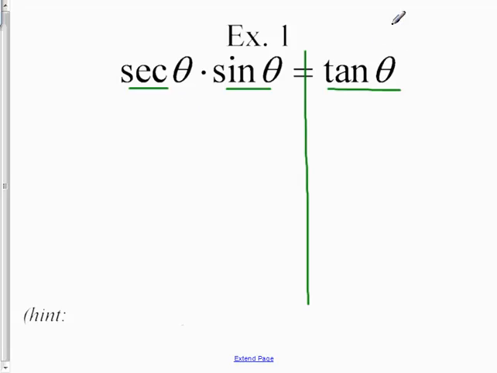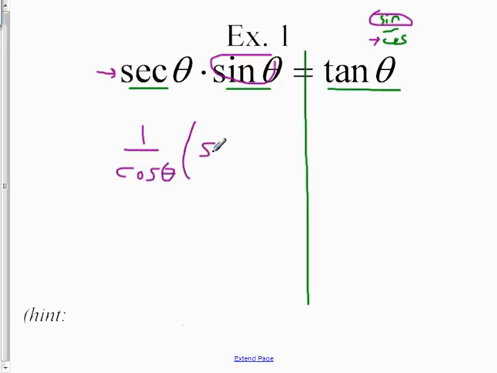Because keep in mind, tangent, we know that's sine over cosine, right? So we already have the sine. We have that guy here. What we need to do is work with this cosine and get that secant down into a 1 over cosine like that. So the identity I'm going to use is this reciprocal identity where secant equals 1 over cosine.